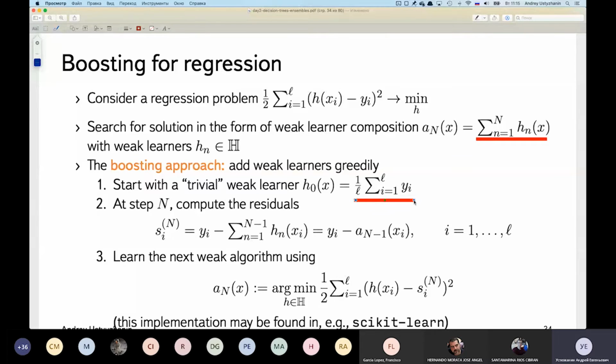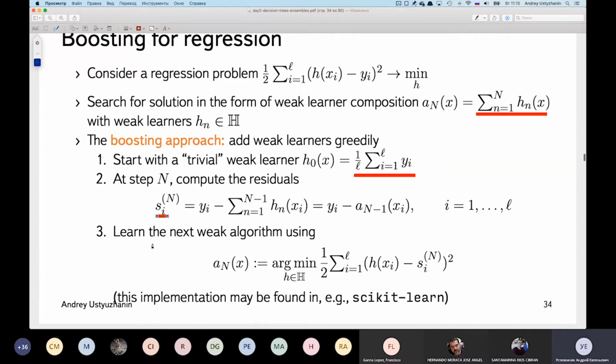Then at step n, we compute the residual between the weak learner and the ground truth. And then we learn the next weak algorithm using those residuals as a target. And this is it.